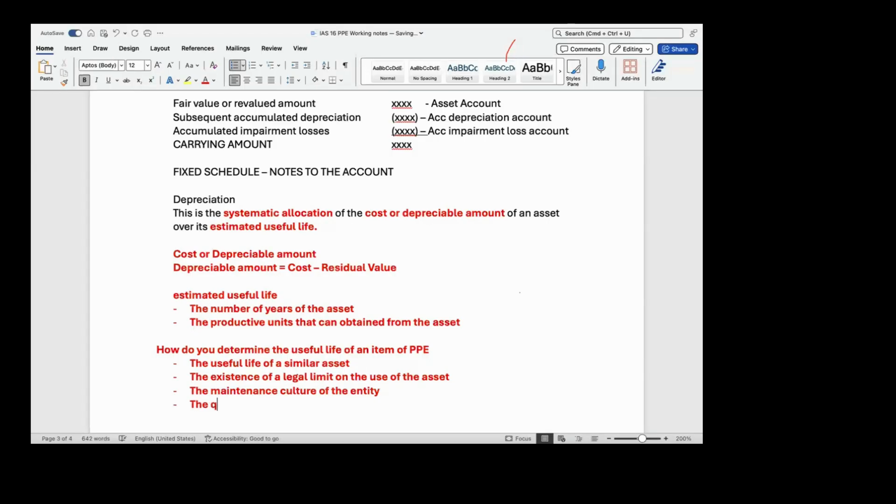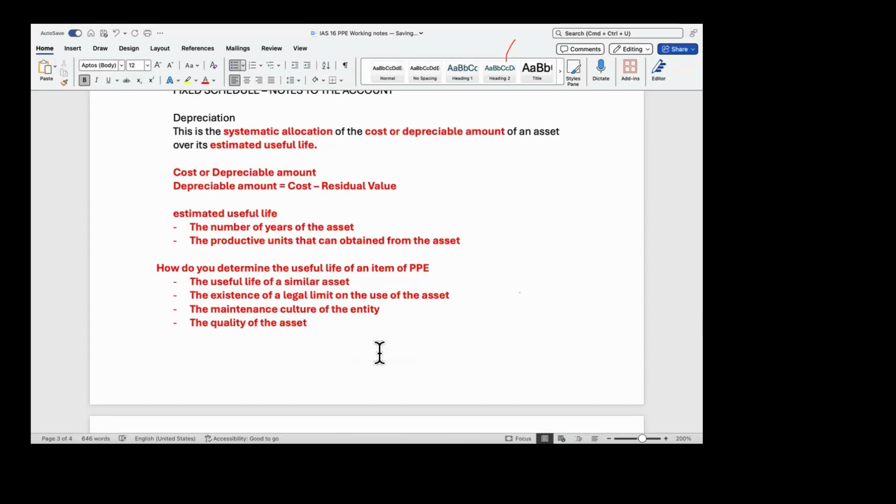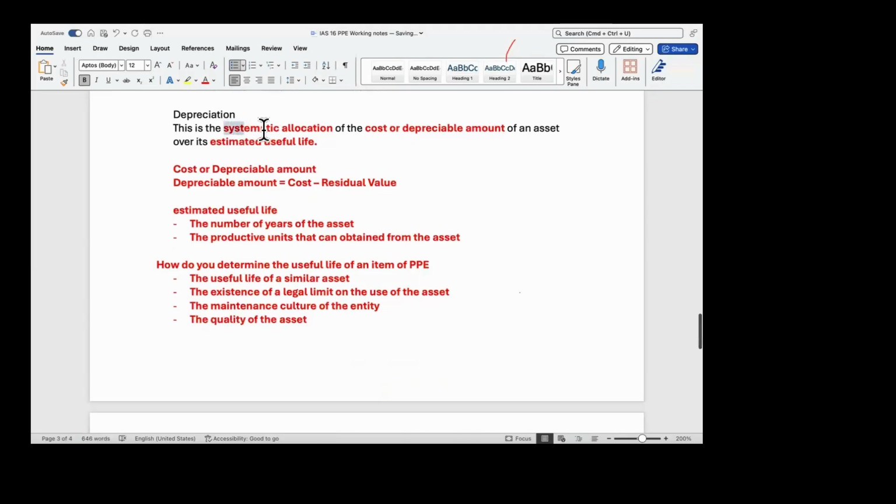Another one can be the quality of the asset. This can also determine the useful life of the asset, and many more. So finally, is systematic allocation.